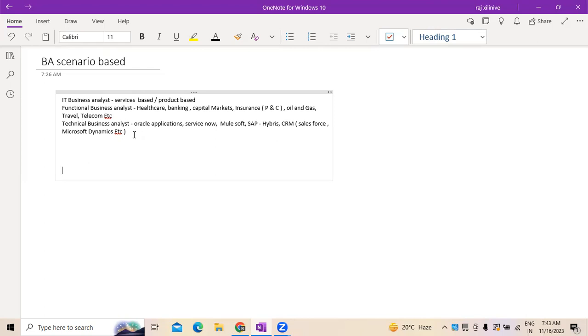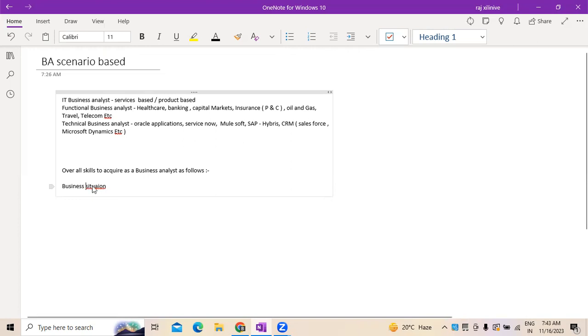Generally, being a BA, you need to have, I'm writing here, overall skills to acquire as a business analyst as follows. First thing, we should have knowledge of the business situation of the client. Business situation of a client that we have to understand.